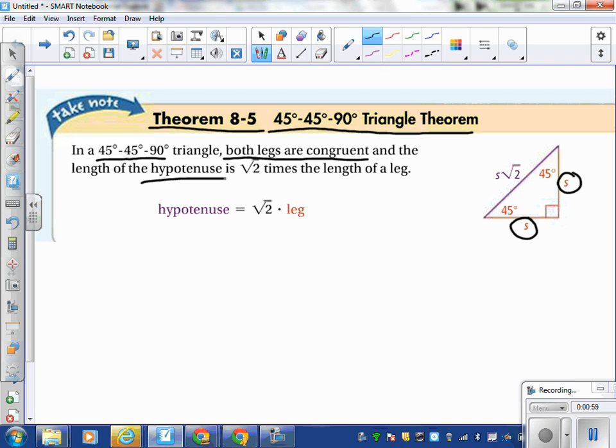And the hypotenuse, which is this guy right there, S square root of 2, is the square root of 2 times the length of the leg. So here are my legs. Here is my hypotenuse. So the hypotenuse equals the square root of 2 times the leg.